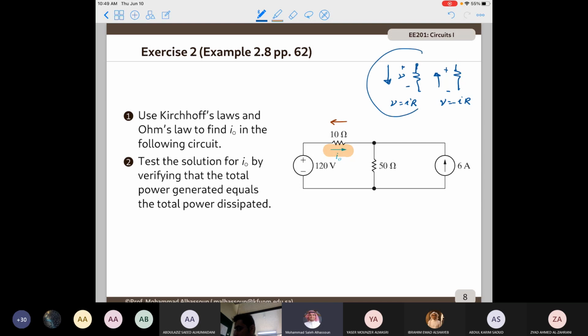I chose this direction because I have freedom to choose. So it's an assumption, right? And we clearly saw that this assumption is incorrect. But that's the beauty of applying KVL and KCL: even if you start with an incorrect assumption, you will end up with the correct direction.